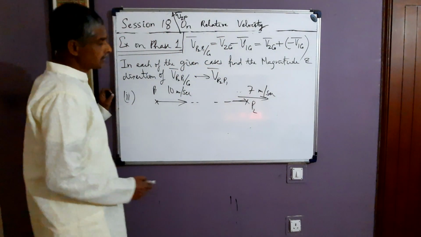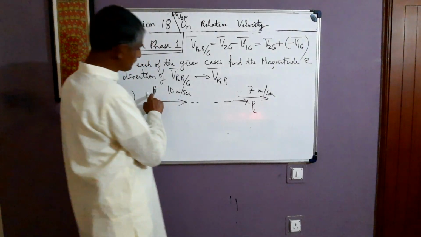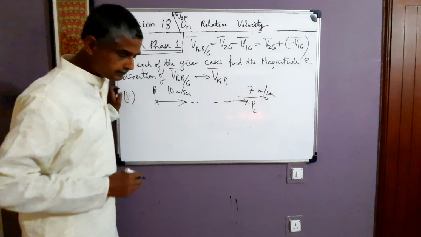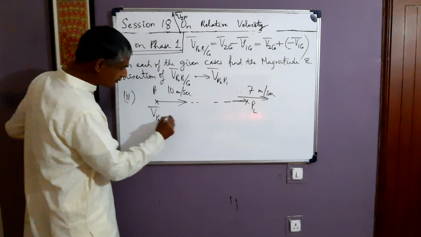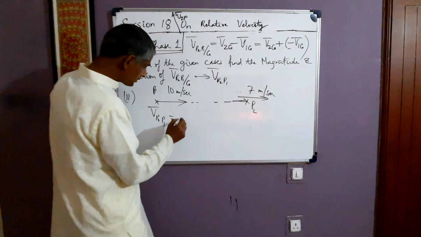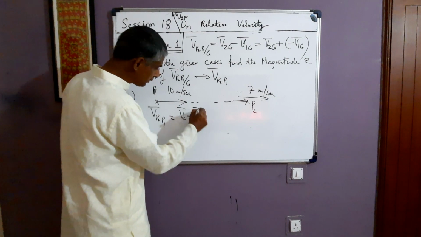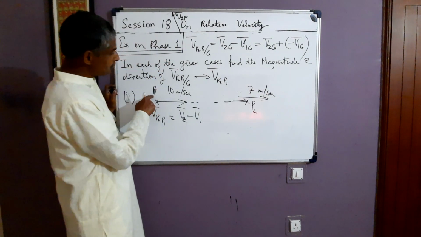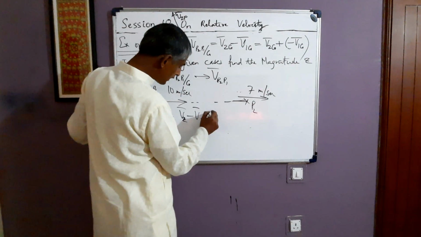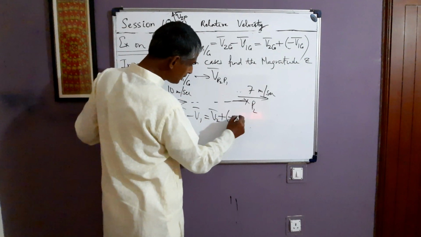Now again we have to find the relative velocity of P2 with respect to P1 in ground frame. So I write the vector equation Vp2P1. I am not writing G, G is implied. So that will just be equal to V2 minus V1. V2 is the velocity of P2, 7 right. V1 is the velocity of P1, 10 right. So this will be V2 plus reverse of V1.